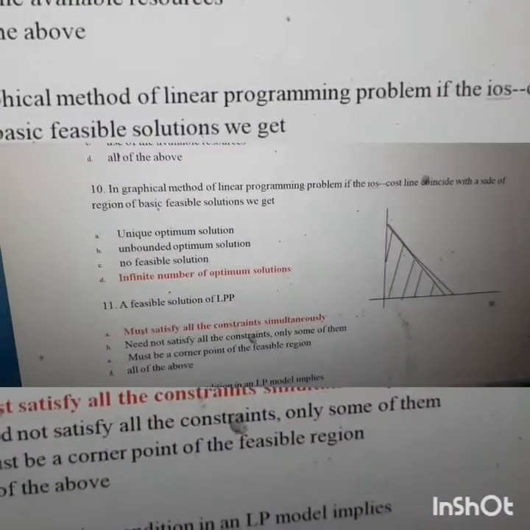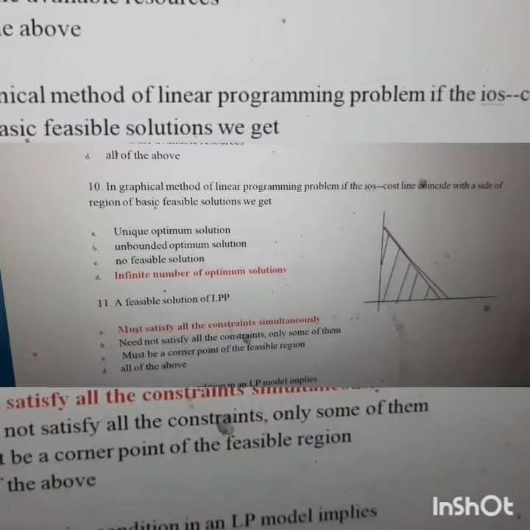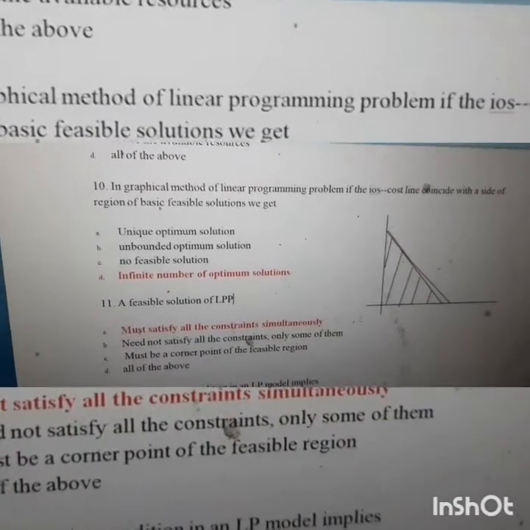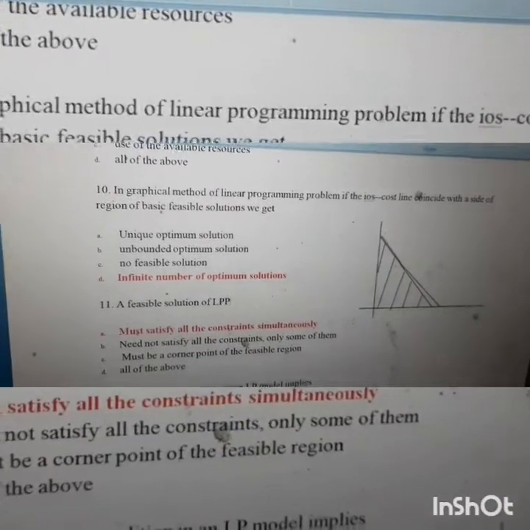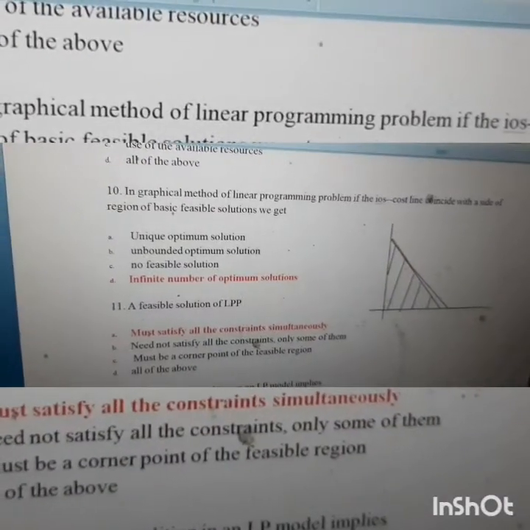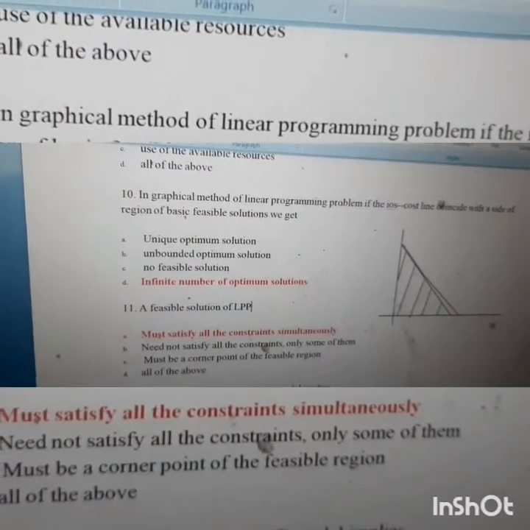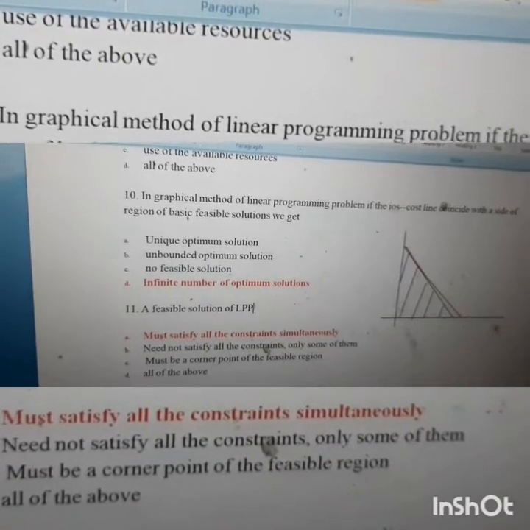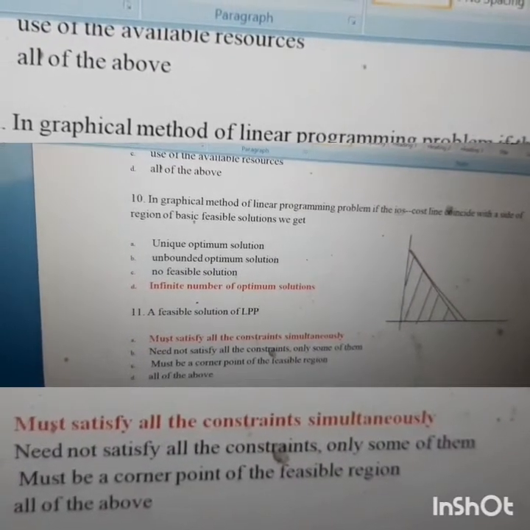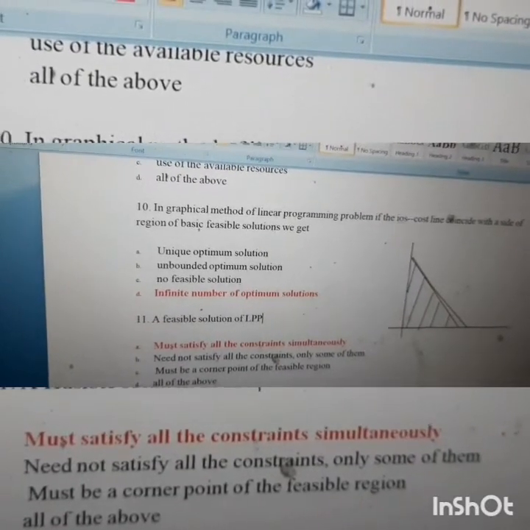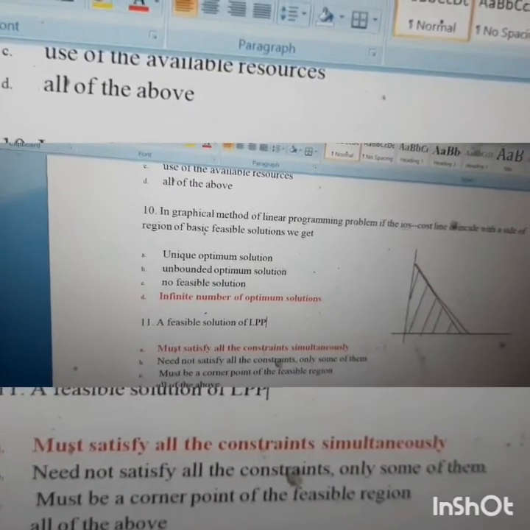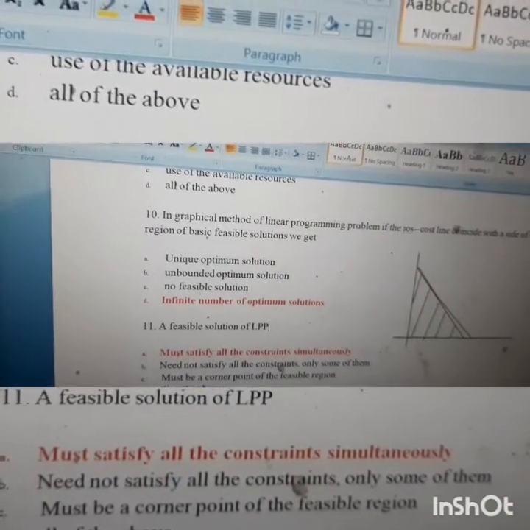Next question is, in the graphical method of linear programming, if the ISO cost line, that is ISO, not iOS, coincides with a side of the region of basic feasible solution, what do we get? Unique optimum solution, unbounded optimum solution, no feasible solution, or infinite number of optimum solutions. The ISO cost line is the line which coincides with part of the feasible region.